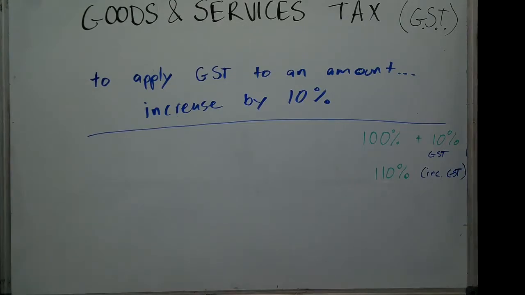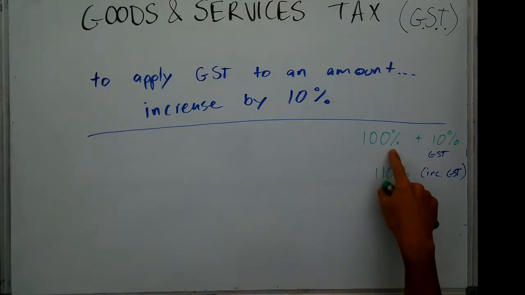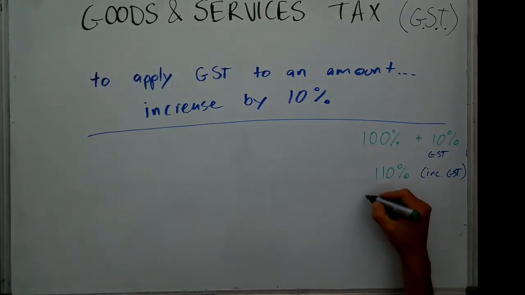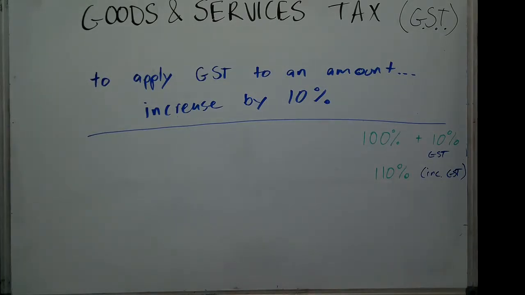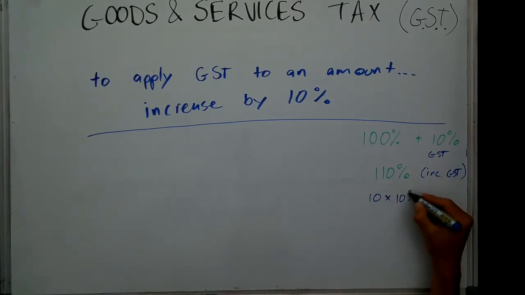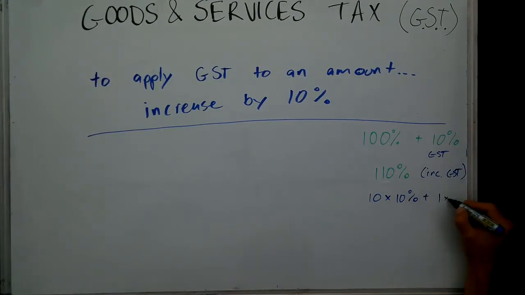And I'm hoping that you're all aware that 100% is 10 lots of 10%. So what we've got here, I'll try this in blue, is 10 lots of 10%, and we're adding one lot of 10%.